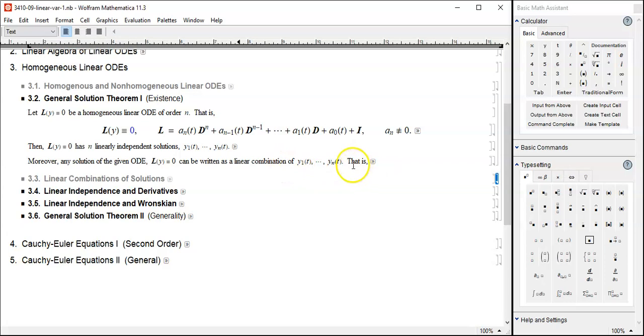So y1 through yn is a basis. The number of basis elements does not change, so the solution space has dimension n if the original linear ODE has order n. That's a big idea. So the dimension doesn't change. If you use some other methods to find n linearly independent solutions, that's a basis too, and it can generate the entire solution space. So any solution y can be written as a linear combination of those n basis vectors too. Here, by vector I mean functions.